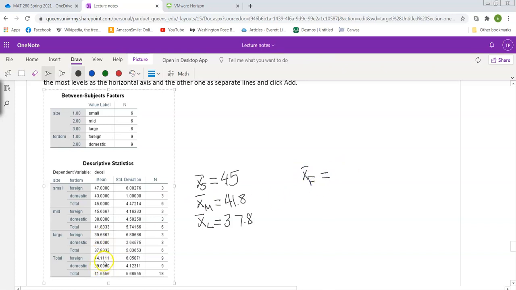Foreign cars have a mean of 44.1 meters per second squared of chest deceleration, and the domestic is 39.0. So that's your descriptives.